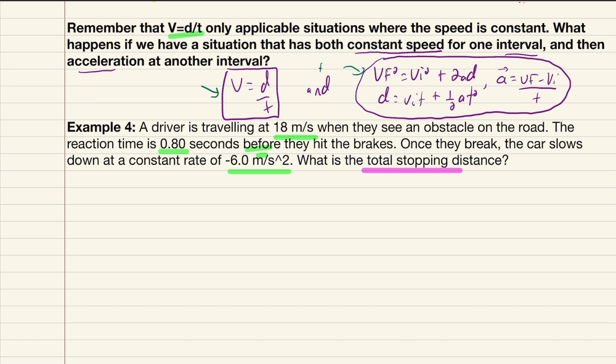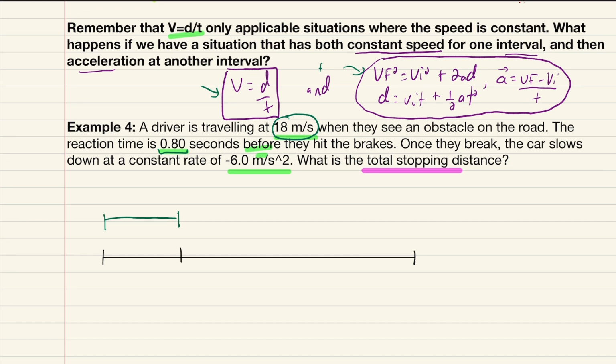So if we draw this out, we see that for a fraction of the time, it's going at 18 meters per second, and it's consistent at that speed for 0.8 seconds. So if I'm drawing this like a timeline, okay, here's the timeline.